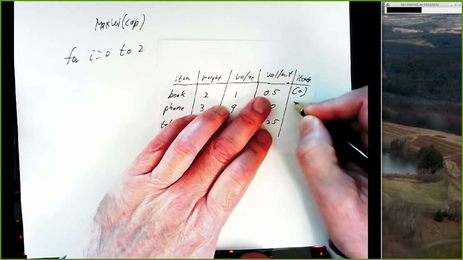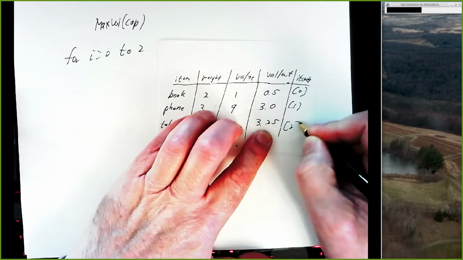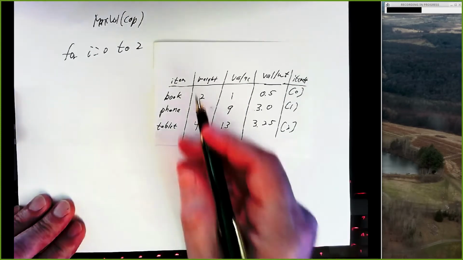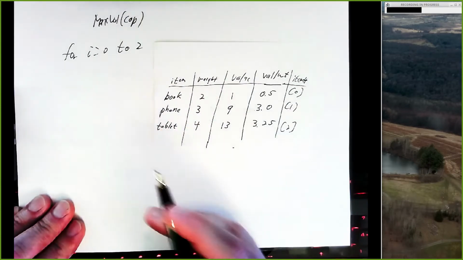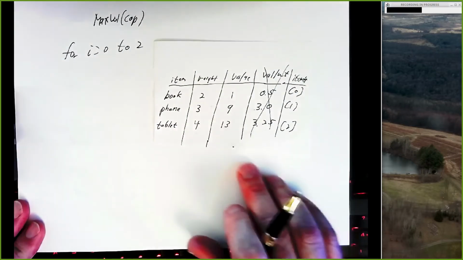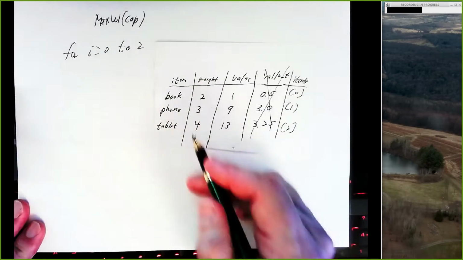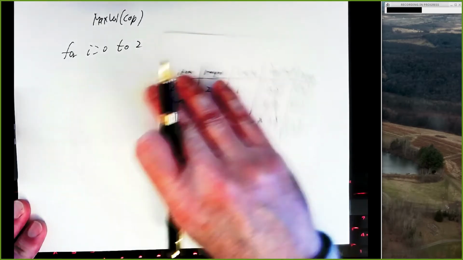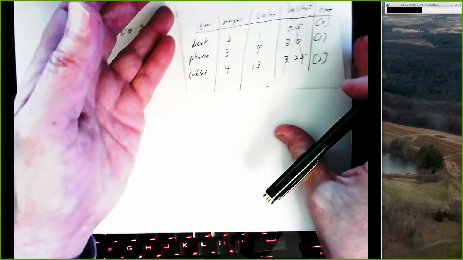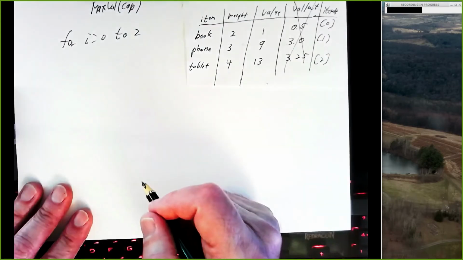So this will be item 0, item 1, and item 2. So you'd have parallel arrays or something like that, an array of weights, an array of values, an array of items. We don't need value per weight. That was just an illustration that greediness doesn't work. But we have arrays storing this information. And so, for example, if you have a total of 3 items in your inventory, we're going to want to loop over those for I equals 0 to 2.